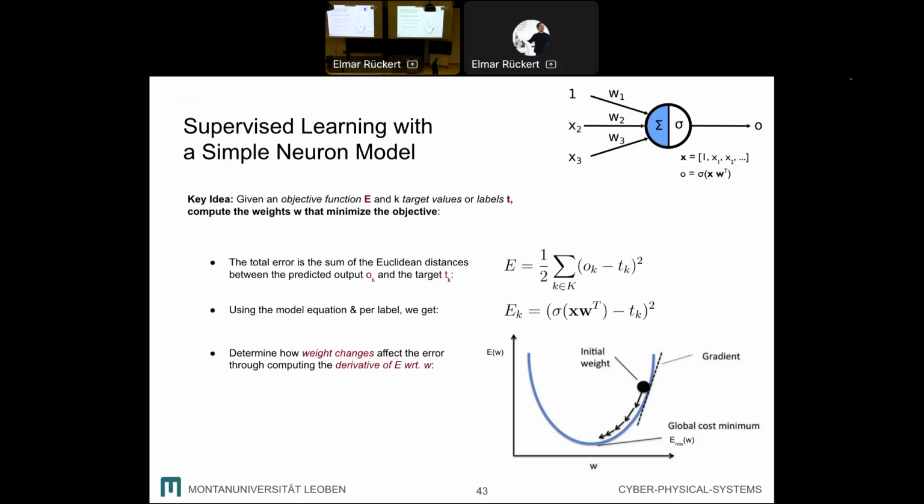Nope. That's the reason. For a convex function, there is only a single minimum. You see it here. And therefore, this gradient descent algorithm will converge to the global minimum.